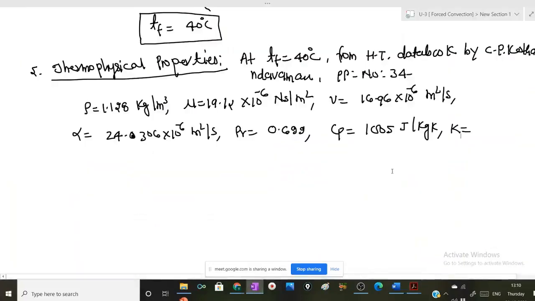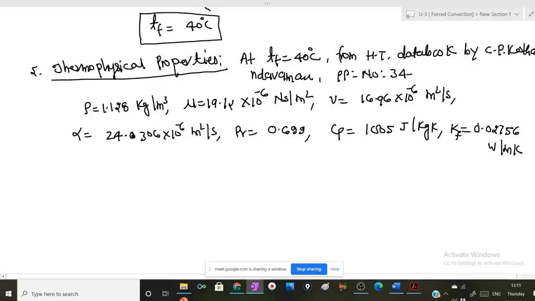Now mind well, this thermal conductivity is the thermal conductivity of air being fluid, it is not thermal conductivity of the plate material. So in order to differentiate this, I will represent it by small k suffix f, 0.02756 watt per meter Kelvin.